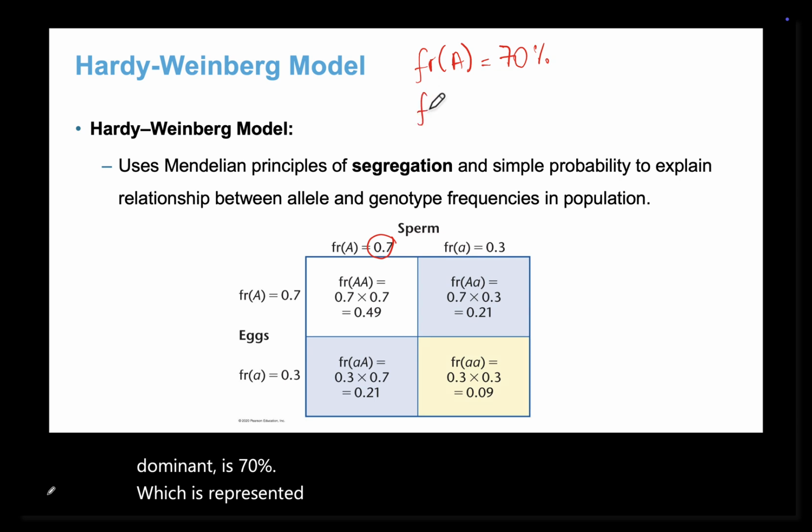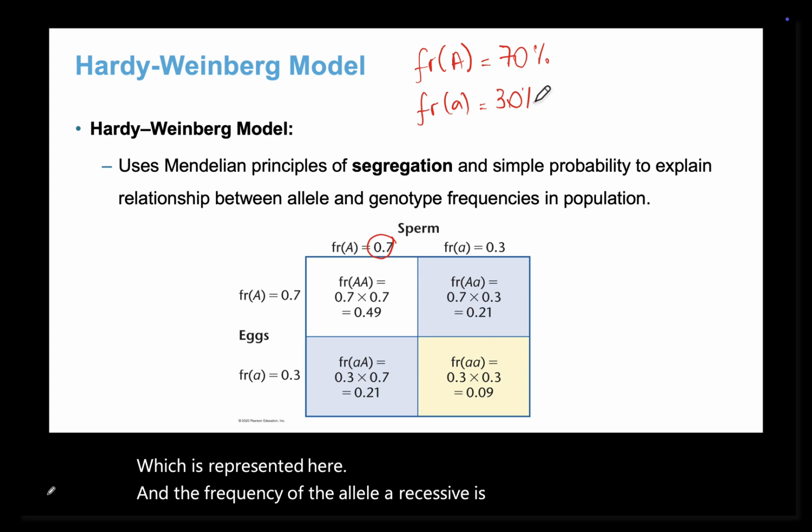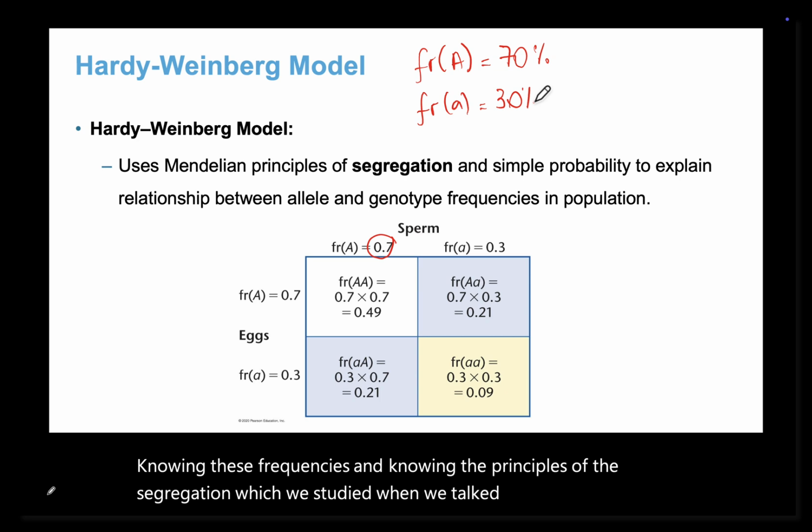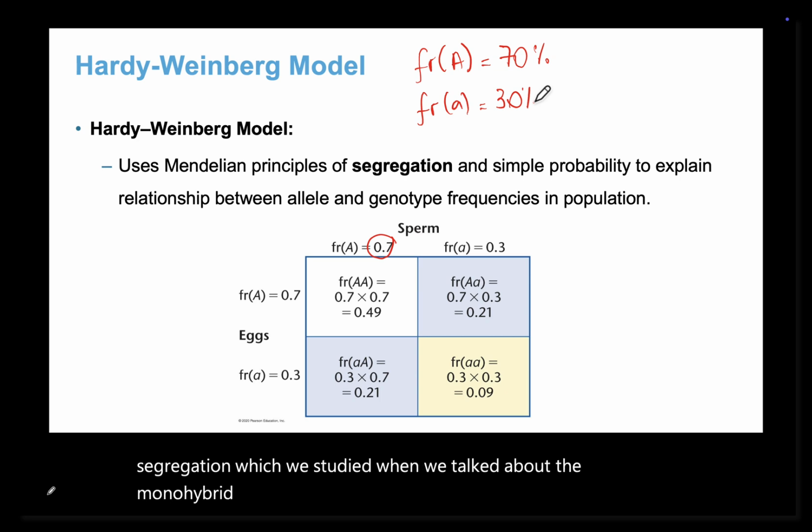And the frequency of the allele A recessive is 30% in that population. Knowing these frequencies and knowing the principles of the segregation, which we studied when we talked about the monohybrid crossing, we can now calculate the frequency of the genotypes in that population.